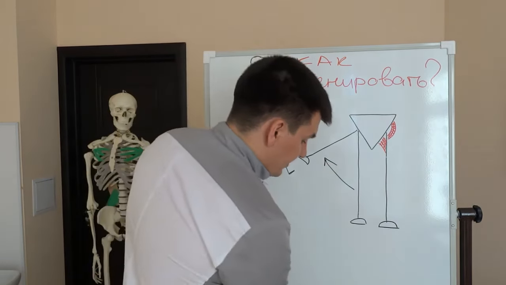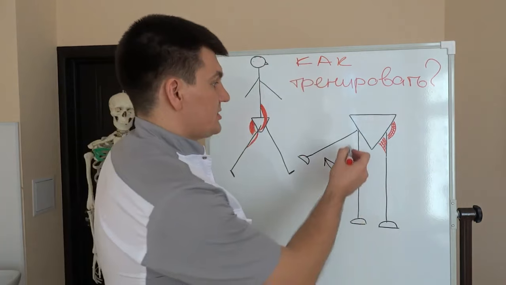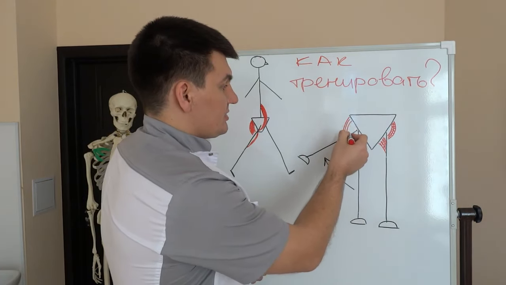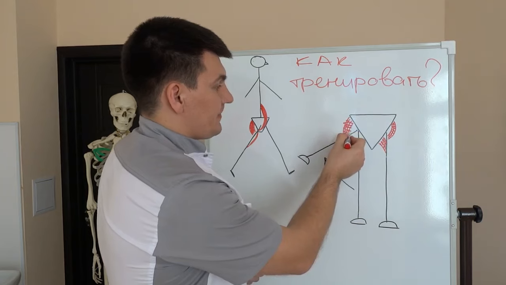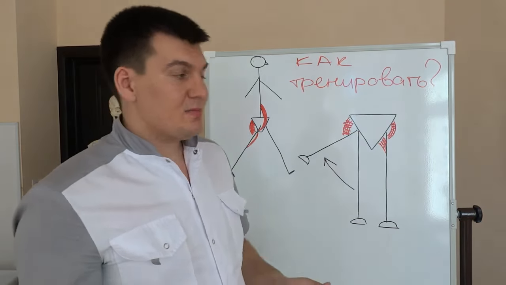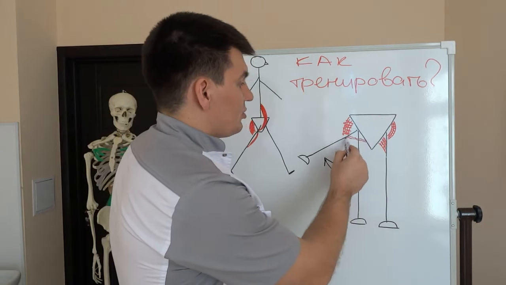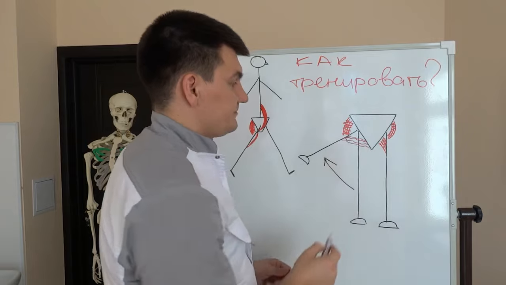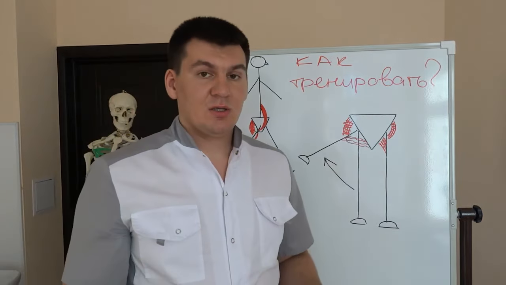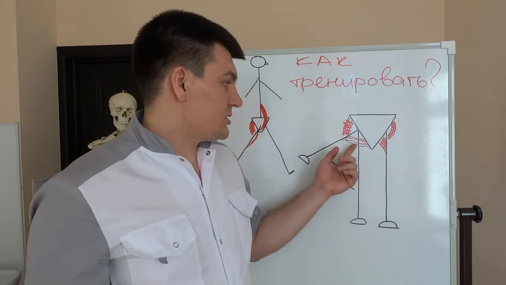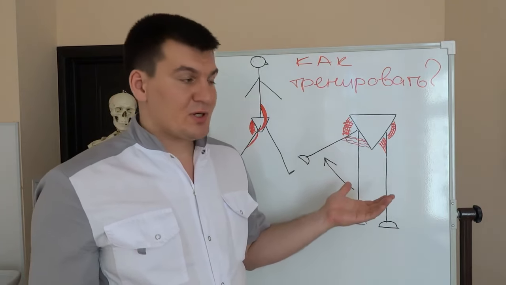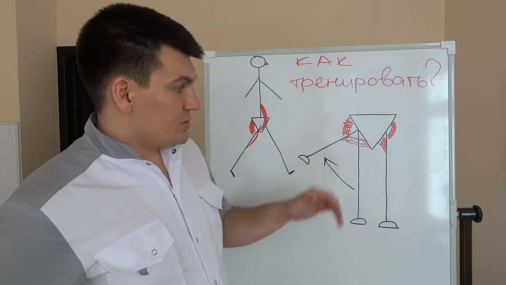This means that our gluteus medius muscle should contract and tense, while its antagonist, the adductor muscle group, should relax. Otherwise, if these muscles remain tense, the leg will not be able to lift freely.